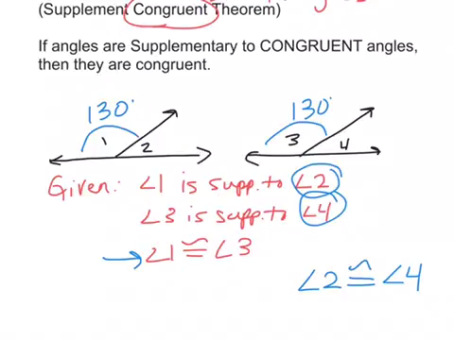Now if angle 1 is supplementary to angle 2, that means that angle 2 must be 50 degrees because those have to add up to 180. And then if angle 3 is supplementary to angle 4, that means that angle 4 must be 50 degrees because angle 3 is 130 and that adds up to 180. And so you can see right there that angle 2 and angle 4 are both 50 degrees, or congruent angles. And that's how that theorem works.